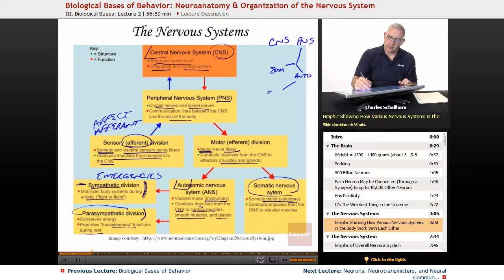And your autonomic is divided into the sympathetic and the parasympathetic. And so this is going to be the nervous system idea that you need to be familiar with. Motor neurons effect things. They're efferent neurons, and sensory neurons are afferent neurons. They're affected by other things. So those are your nervous systems in a nutshell.